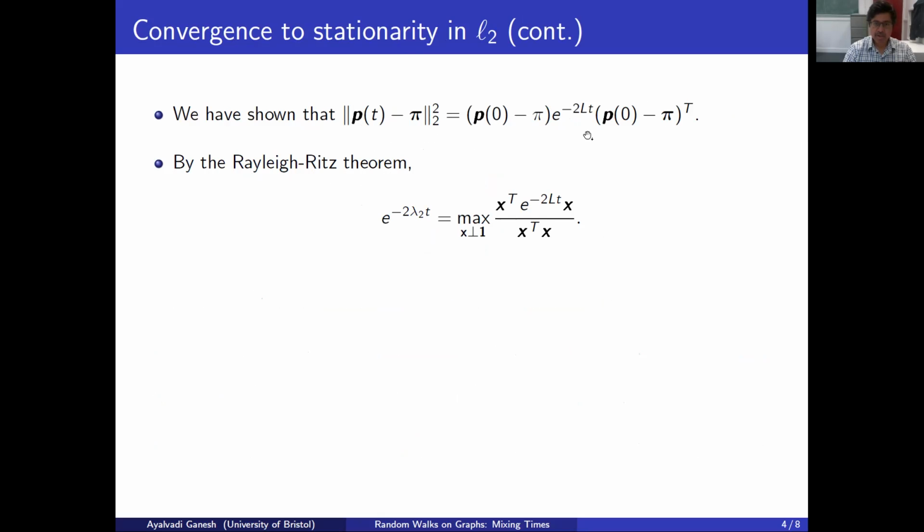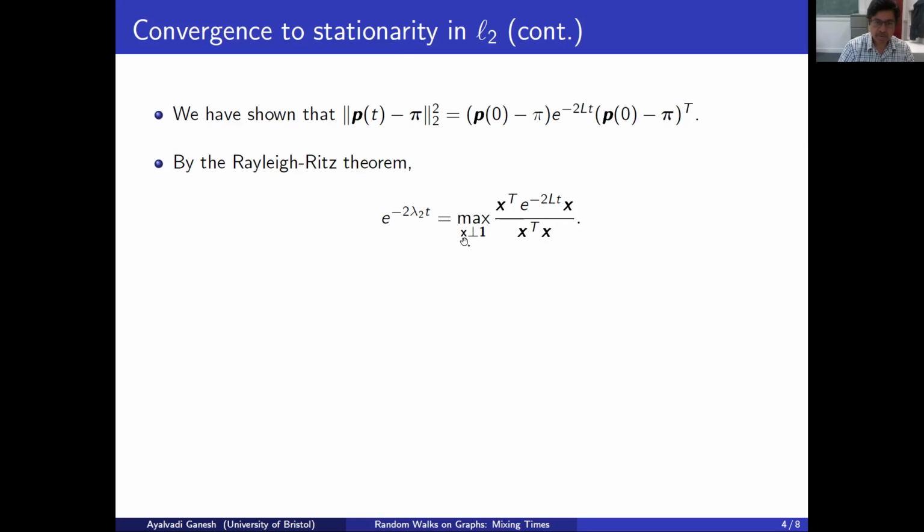It says that this quadratic form, the maximum of this quadratic form over all vectors x which are orthogonal to the eigenvector corresponding to the largest eigenvalue, so the all one vector, which is the eigenvector for the smallest eigenvalue of L and the largest eigenvalue of e to the minus 2Lt.